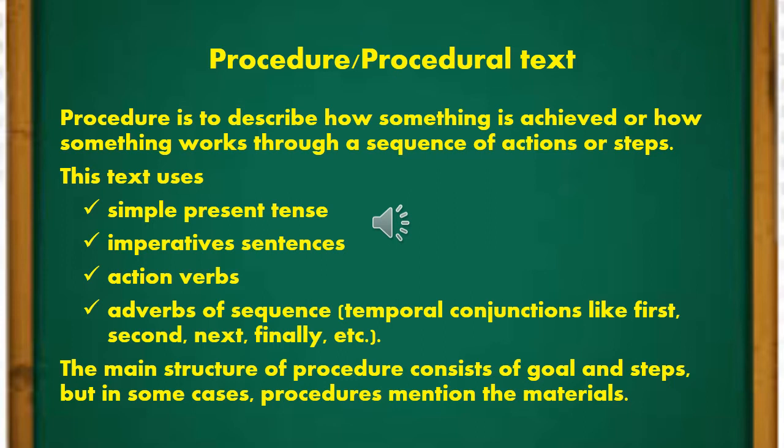Some people may say words of sequence, like first, second, next, finally, etc. The main structure of a procedural text consists of goal and steps, but in some cases, procedures mention also the materials.